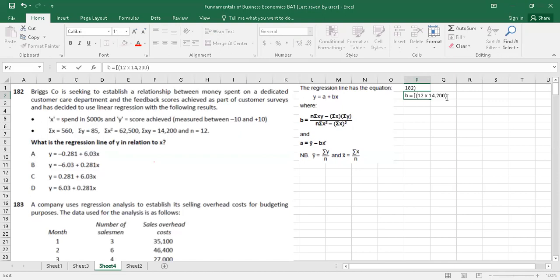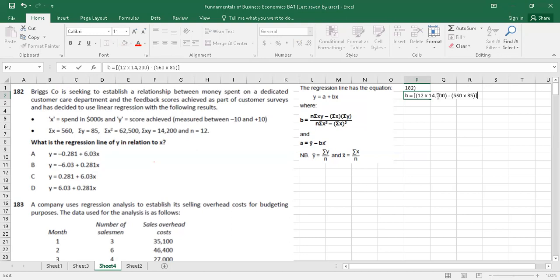Then after that, we have minus. It's the product of sigma X and sigma Y. Sigma X is 560. So 560 into 85. This is the numerator part.